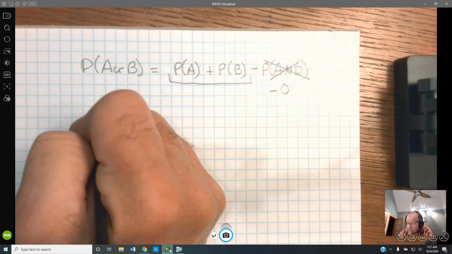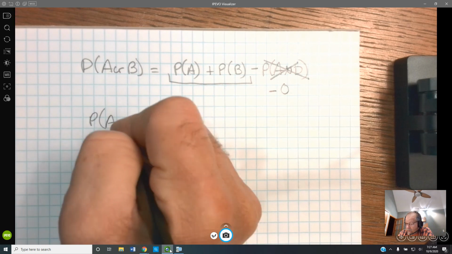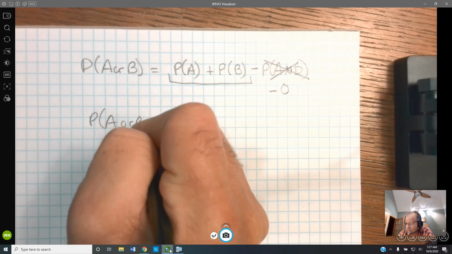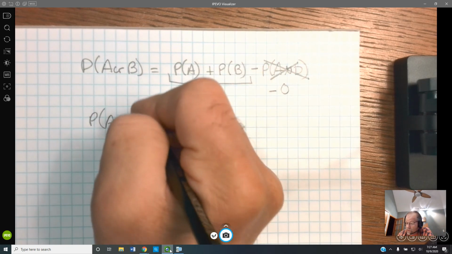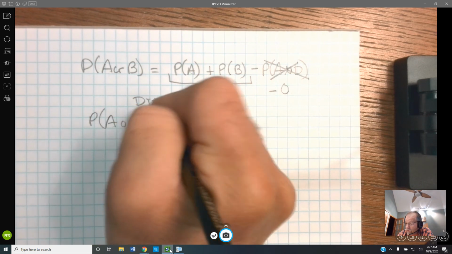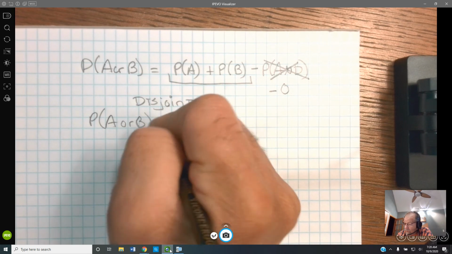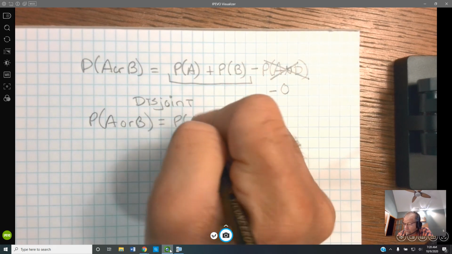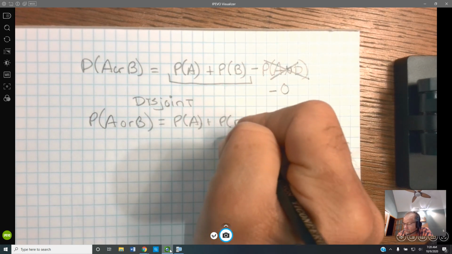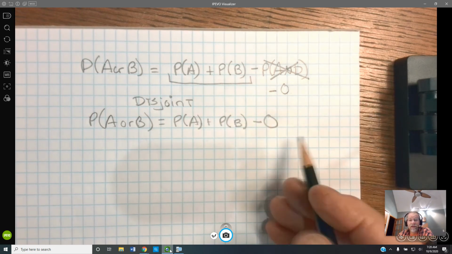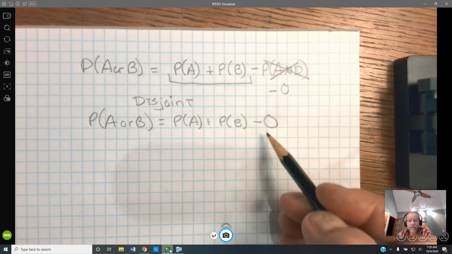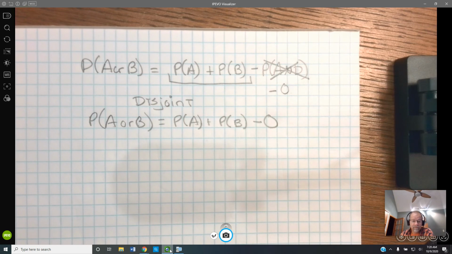I like to tell students, this A or B rule is only for the case of disjoint. Don't confuse it with everything else we've already done. We're not changing the rules. It's equal to the probability of A plus the probability of B minus 0, so they know they're really subtracting something for a disjoint event.